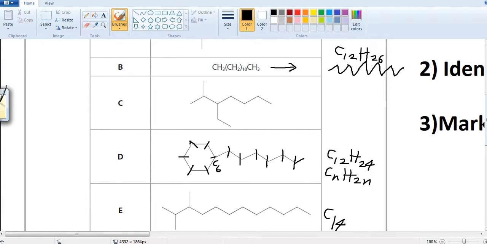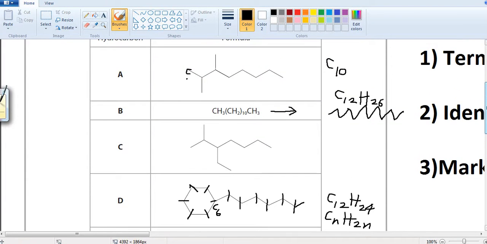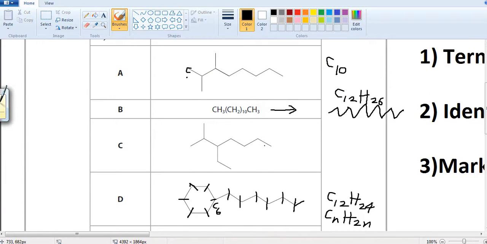Okay, the only thing left is C. So let us count the number of carbon atoms: 1, 2, 3, 4, 5, 6, 7, 8, 9, 10. So it has 10 carbons, and we can see that it has a branching.